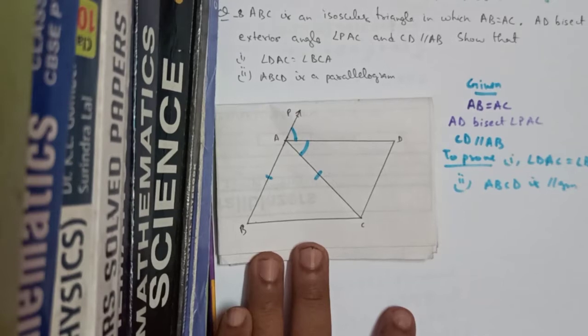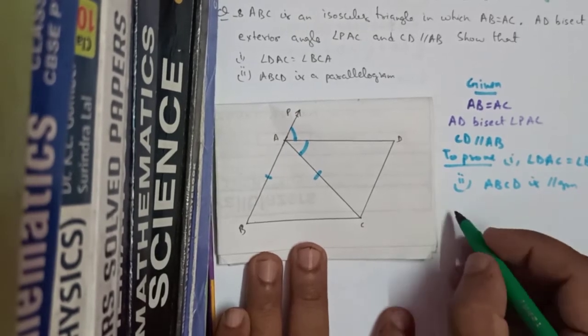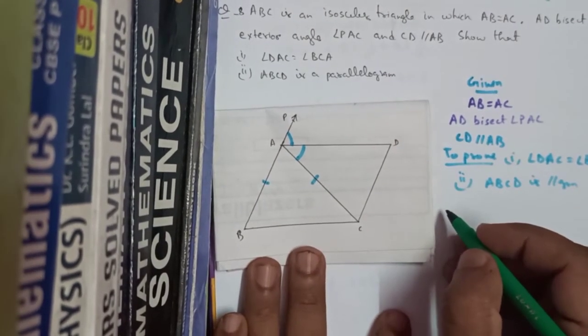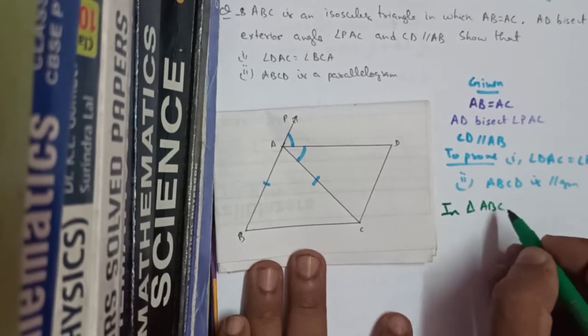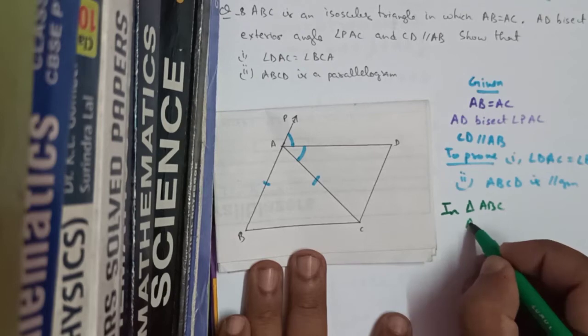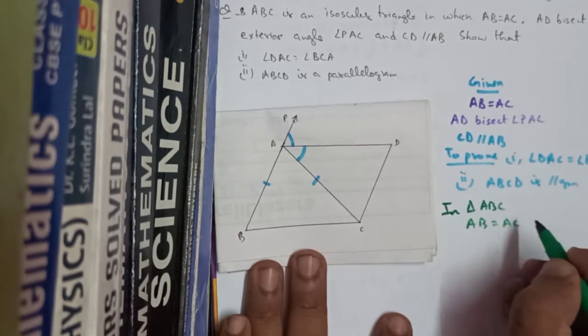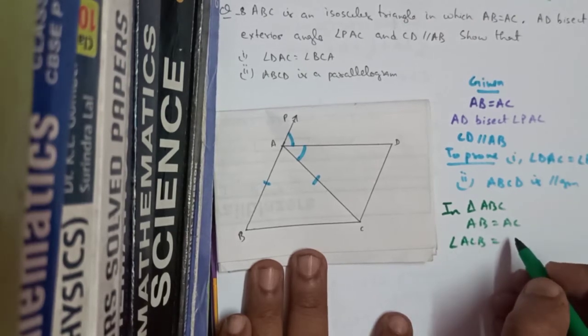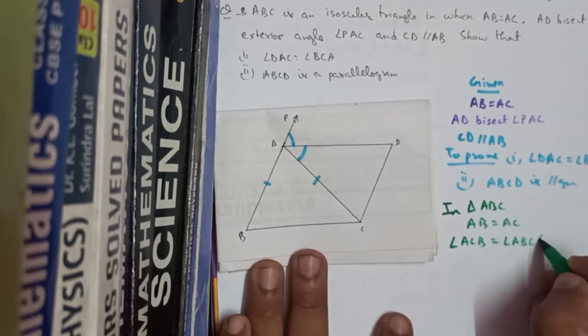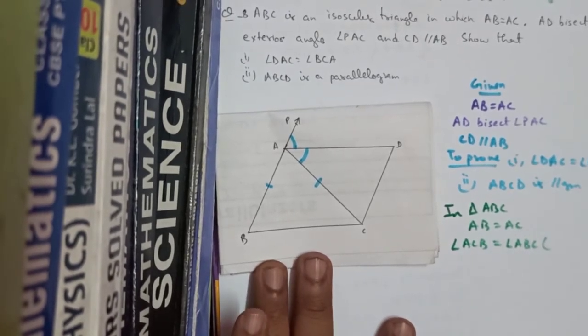So first of all, in triangle ABC, we know that AB is equal to AC. So applying that angles opposite to equal sides are equal: the angle opposite to AB is angle ACB, and the angle opposite to AC is angle ABC.